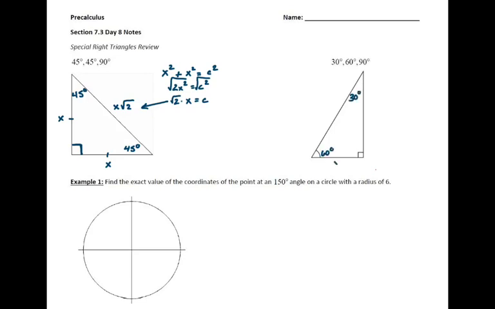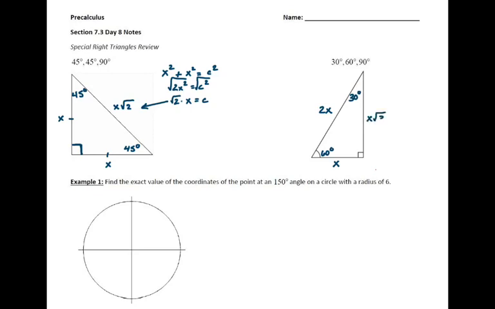So quickly label the angles here. In terms of labeling the sides, usually the side opposite the 30-degree angle is your smallest side. So we call that x. The hypotenuse is twice as big as the small side, so we call that 2x. And then for the other side, you have to think 30, 60, 90 will have a root 3, and 45, 45, 90 will have a root 2 in there, just to keep those straight.